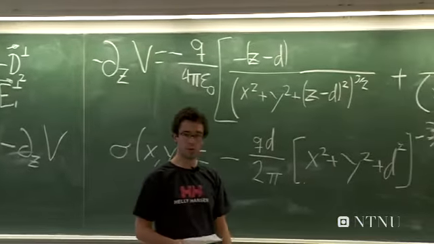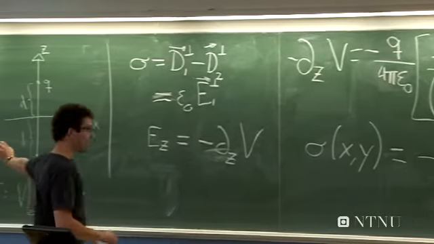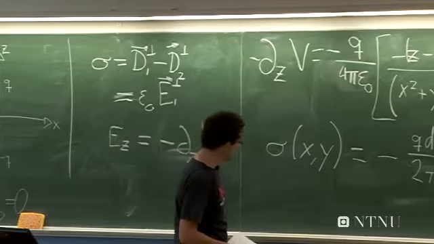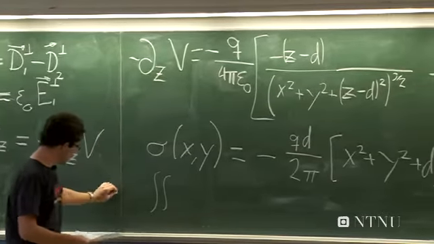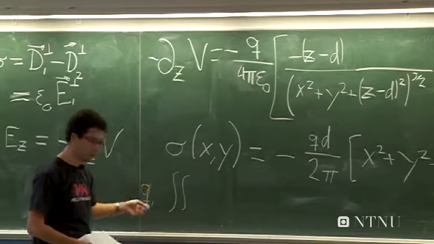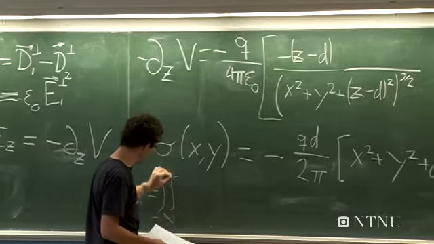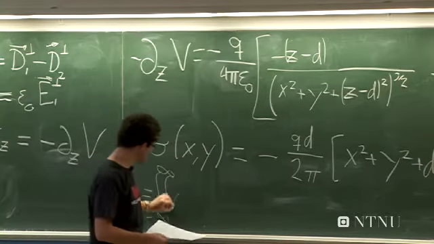Now you could wonder what's the total charge that's been induced on the surface. We can solve that by integration. I'll call it Qi for induced, and I'll integrate this over the whole surface.